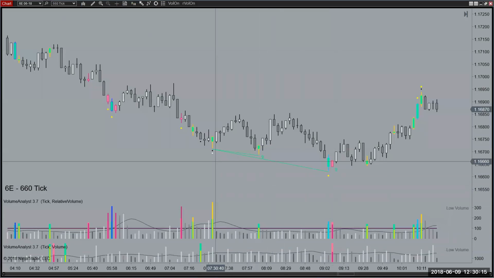And we actually have volume divergence here now, even on the tick chart, ending on that big 2-bar pattern there.